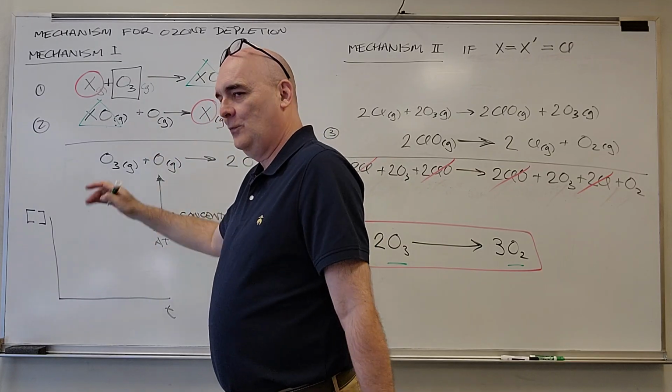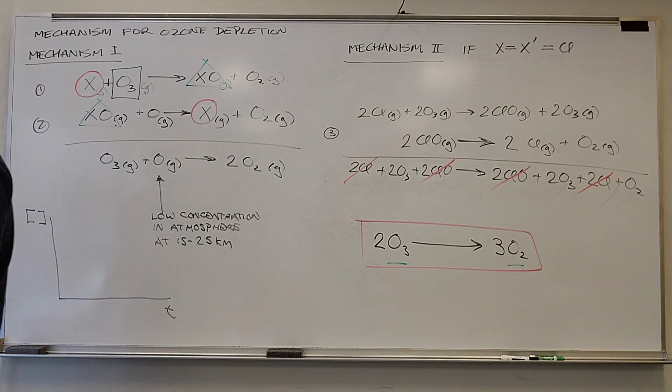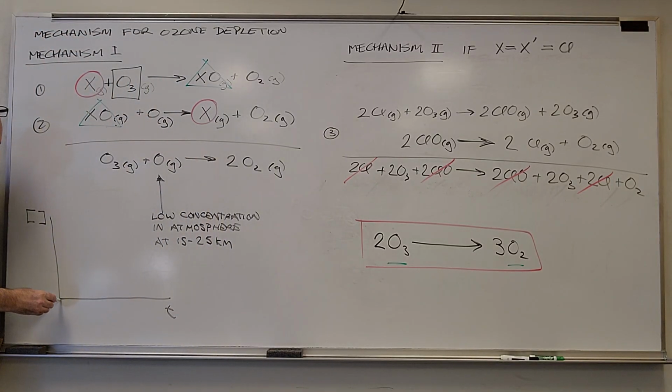On this graph, where's the green line? We know it starts at 0. Is the concentration of XO, the green, ever large? Does it ever get to be a big number? No, because as soon as you make it, it goes away. So green does this.